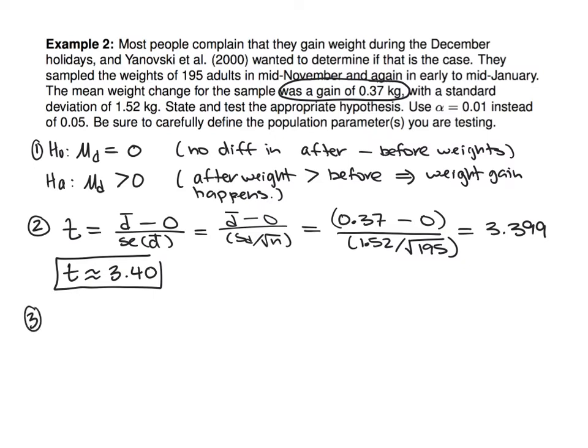So step 3 is to get the p-value. So p is the probability that t is bigger than or equal to 3.4.